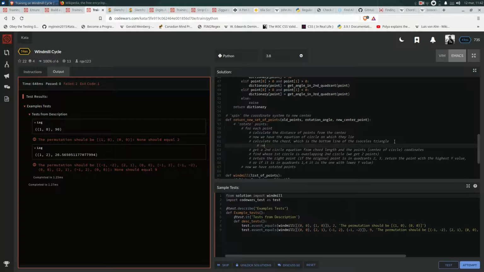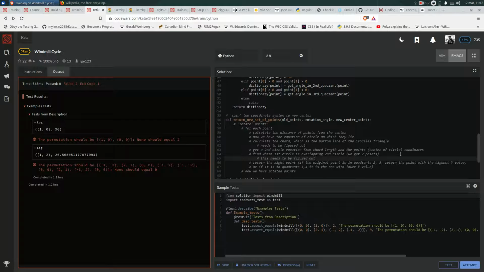This needs to be figured out, and also this needs to be figured out.